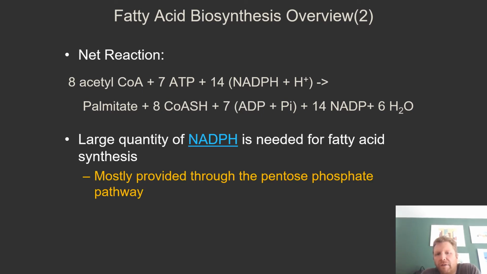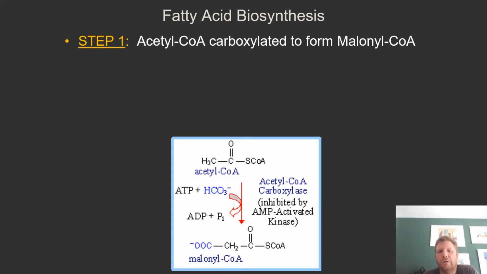A large quantity of NADPH is needed for fatty acid synthesis, mostly provided through the pentose phosphate pathway. So if you were curious, well, why do we do the pentose phosphate pathway? Well, so that we can generate this, so that we can do fatty acid synthesis.